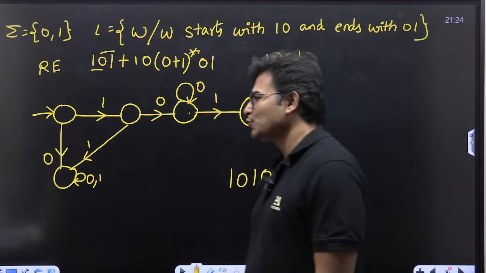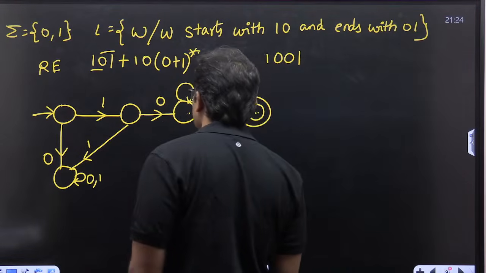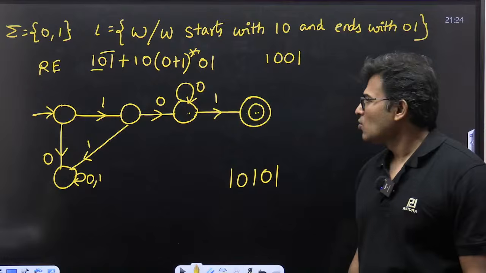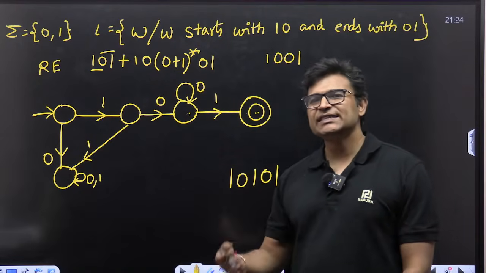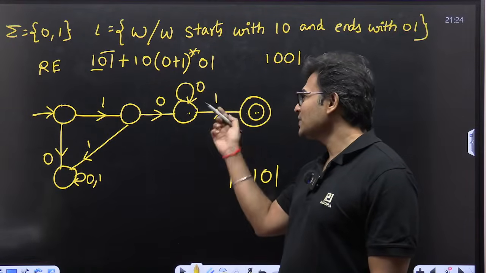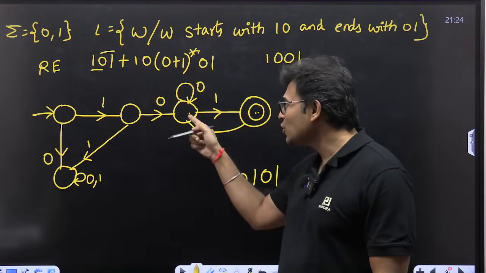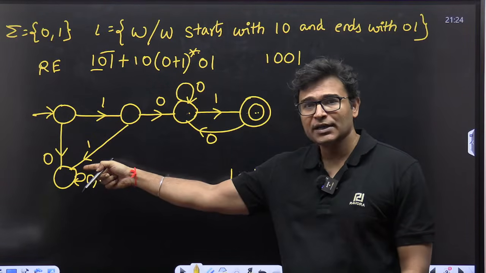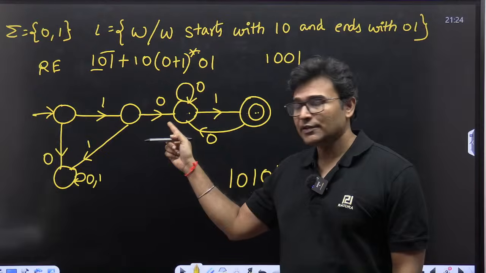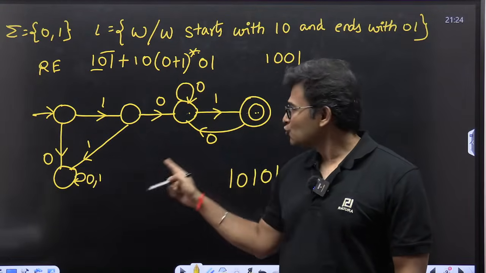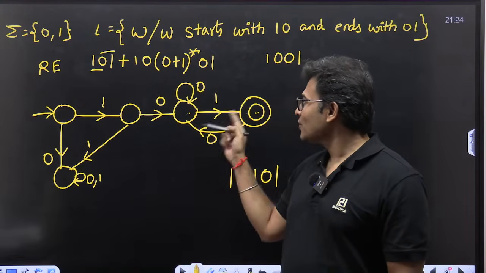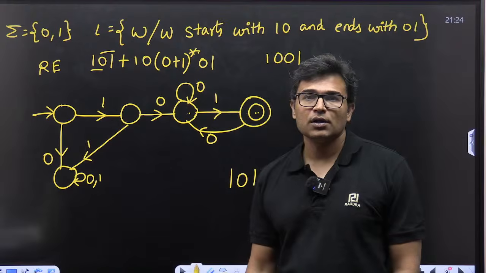Now, what is this state which is eating up zeros and waiting for a 1? This state. So I will go back and wait here. No problem, because this is not going to the dead state, right? I can go back. So whenever I get a 01, I am going to accept.